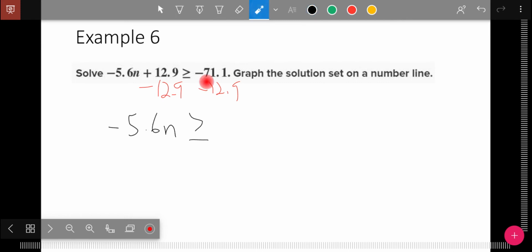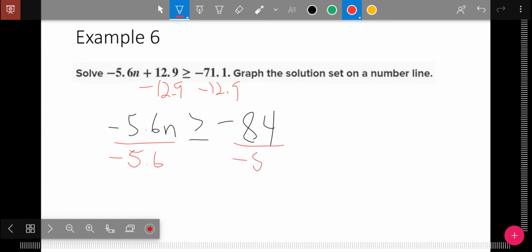Now, even though that looks like it's a negative, I'm just subtracting, so I didn't multiply or divide by a negative. Take a calculator if you need to and figure out what that would work out to. I think it's going to work out to negative 84.